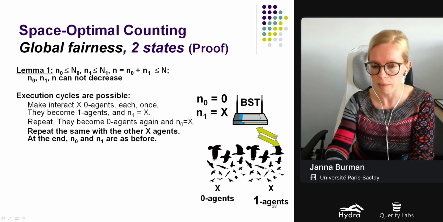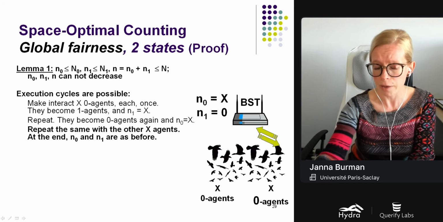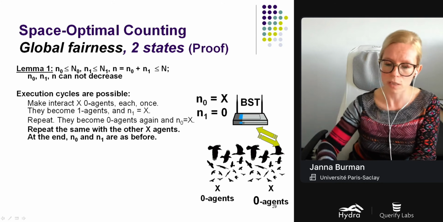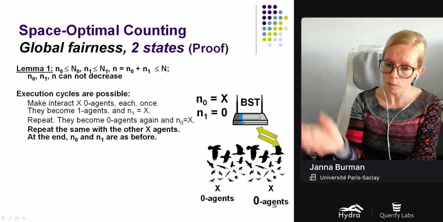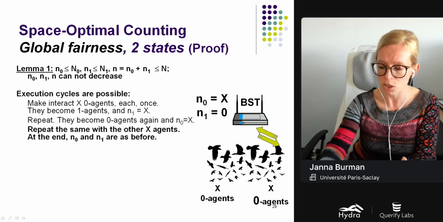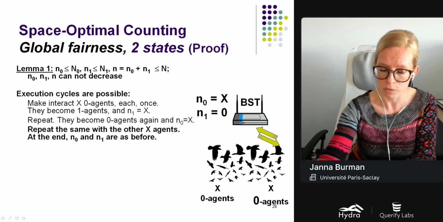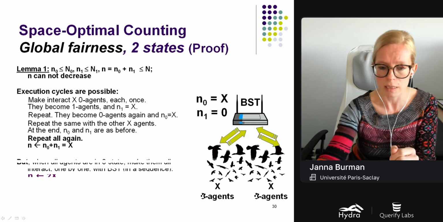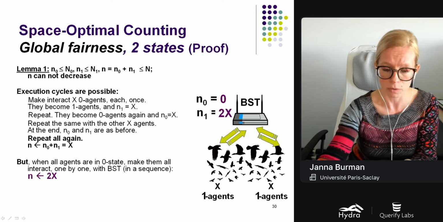Because there is always a possible scenario that we can apply from any configuration in such an execution, where we make every agent of the whole population meet with the base station, and then the base station will be able to count all of them. Okay, this is the idea, to get the correct 2x count.